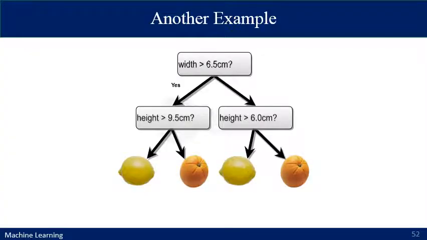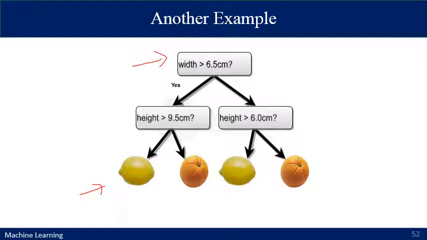So that was one of the complicated examples. Here is a simple example. We want to classify the fruits as lemon and oranges. So we have two attributes, width and height. We can check that the first attribute is the width, and we have the parameter width greater than 6.5 centimeter.